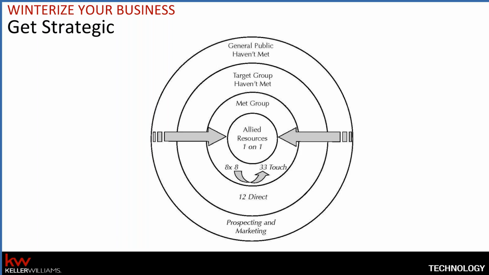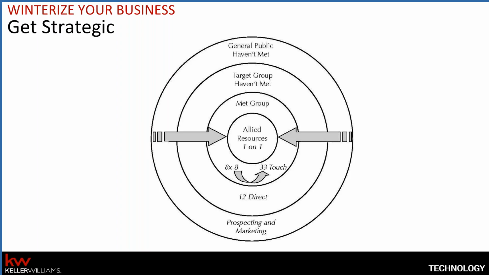Before we do that, I want to get started getting strategic by following the model. This is directly out of The Millionaire Real Estate Agent. From MREA, this is the strategic model for generating leads and building relationships. If you look at the graphic, it looks like a target. It's illustrating that your goal is to move the contacts in your database from those that you've never met, those could be contacts in your area that you're farming, to the bullseye in the center.